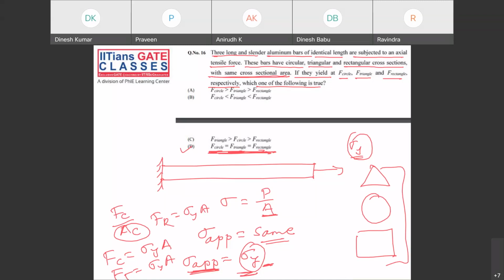If your cross section is not same, then what is the case guys? Suppose my A circle is greater than A triangle is greater than A rectangle, which will be the correct answer in that case?